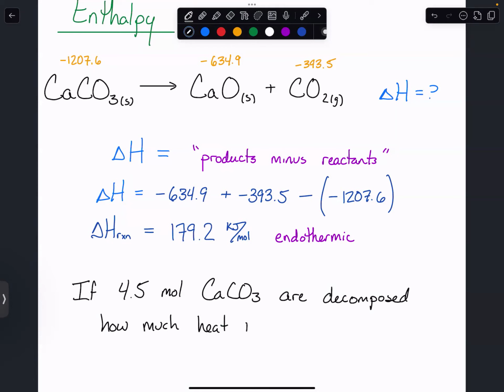How much heat? All right, and how did I know that heat was absorbed instead of released? Because it's positive, right? And again, that's what it means to be endothermic, a reaction that absorbs thermal energy, right? So all of these are kind of saying the same thing. That positive sign out front, endothermic, energy was absorbed, right? All saying the same thing.